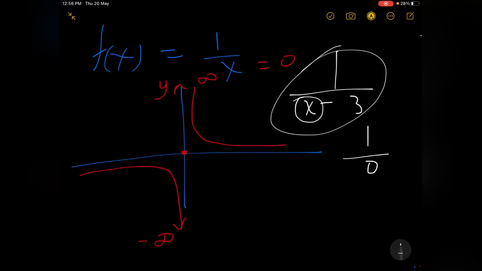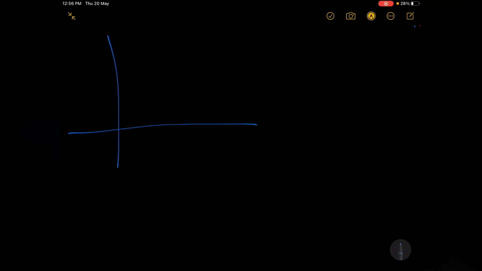Now let's look at jump discontinuity. As we drew earlier, we saw that our jump discontinuity is something like this, where we have a function that's going on, then it jumps to another function.